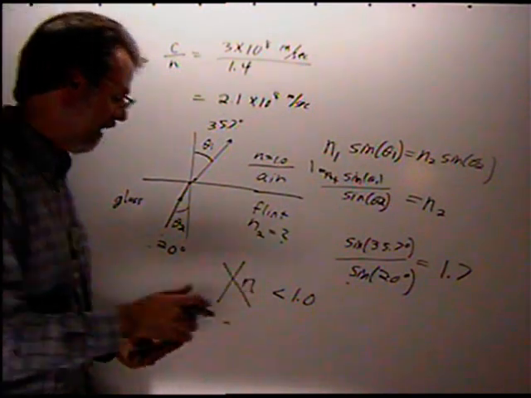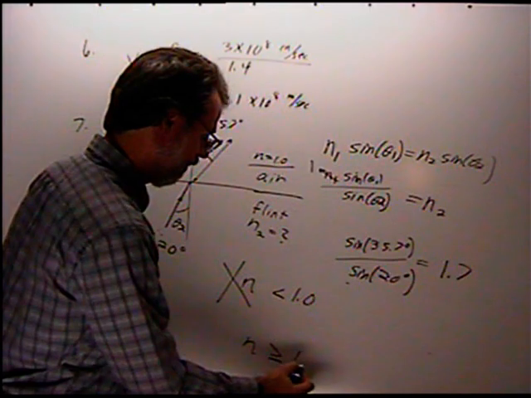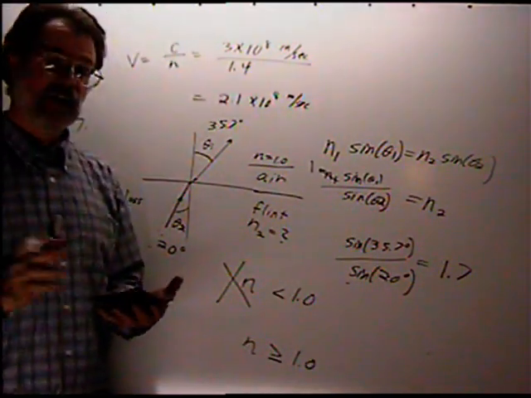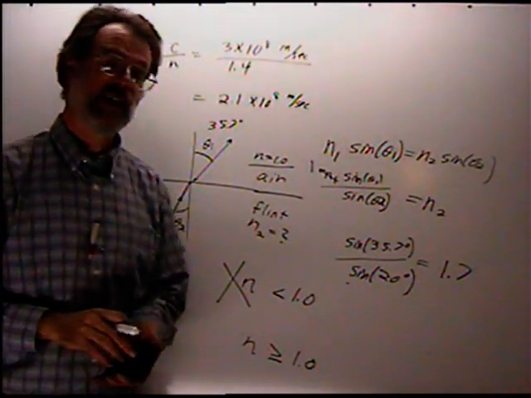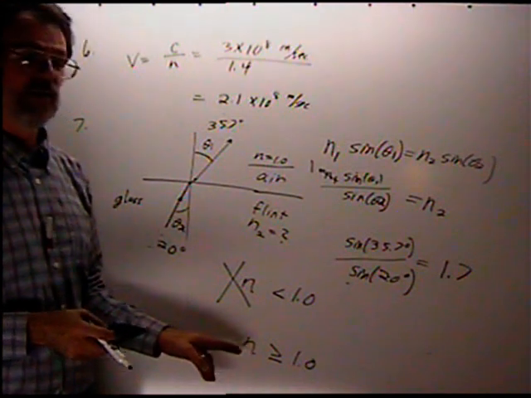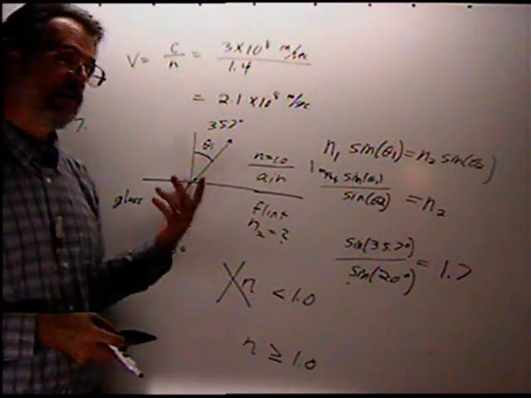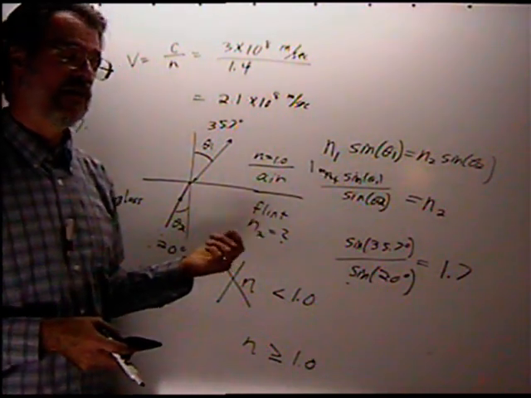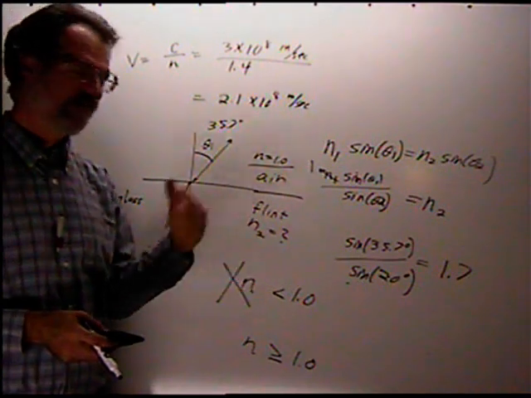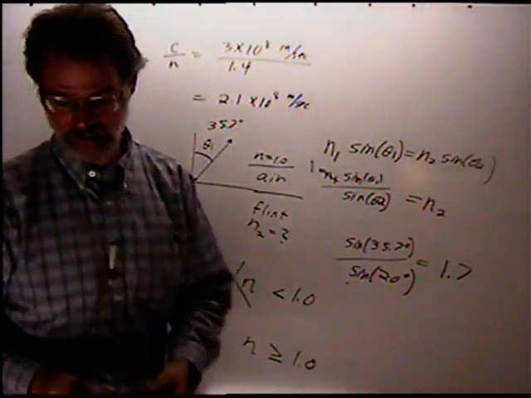The index of refraction is equal to 1 or greater. It can never be less than 1, because that would mean the speed of light in the material would be greater than the speed of light in the vacuum, which doesn't happen. Although, we'll talk a little bit about that maybe later.